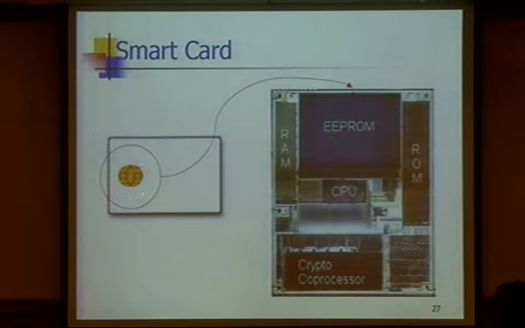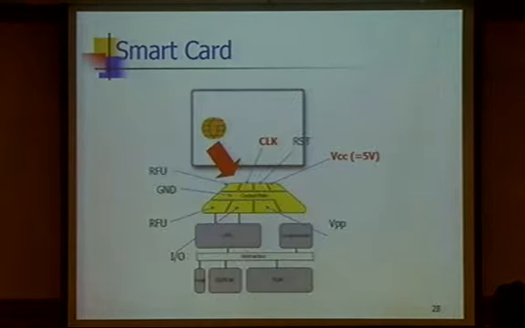A smart card consists of an 8-bit microprocessor, ROM, EEPROM, RAM, and a crypto core processor. This is a logical view of the smart card. You should note that the clock signal and voltage signal are provided through the second and fourth interfaces. And the user can input and output data by using this part.